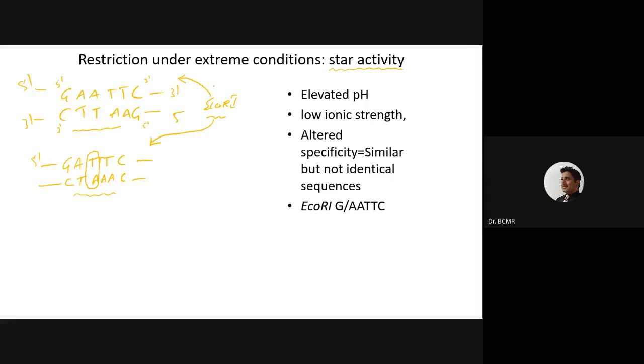But because of conditions such as elevated pH or low ionic strength, the enzyme might not work appropriately. Its specificity or fidelity is reduced, because of which it may recognize this and mediate cleavage here and here.